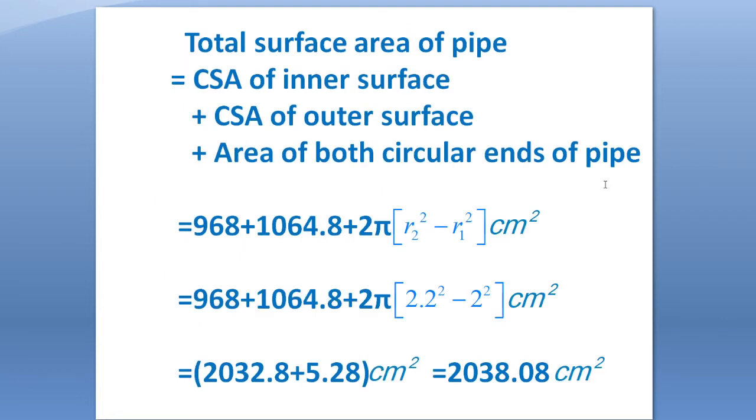So total surface area is equal to CSA of inner surface plus CSA of outer surface plus area of both circular ends of the pipe.